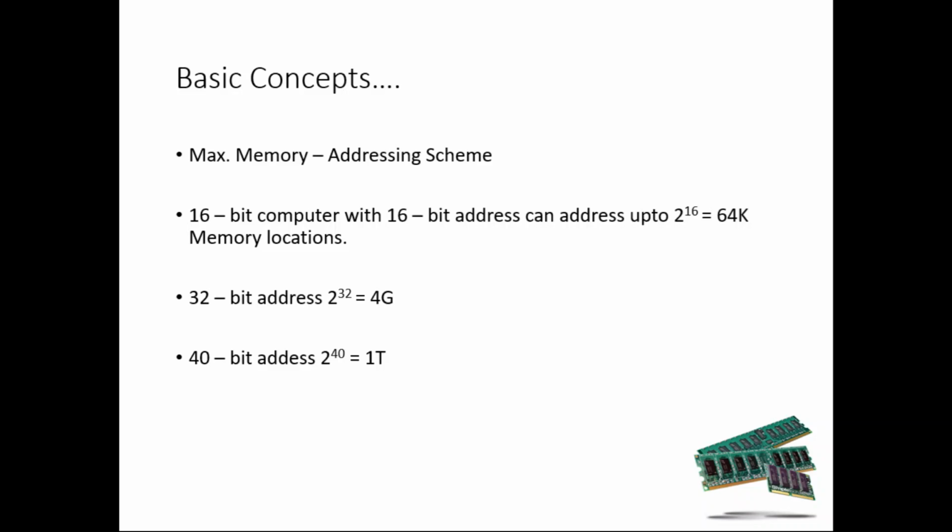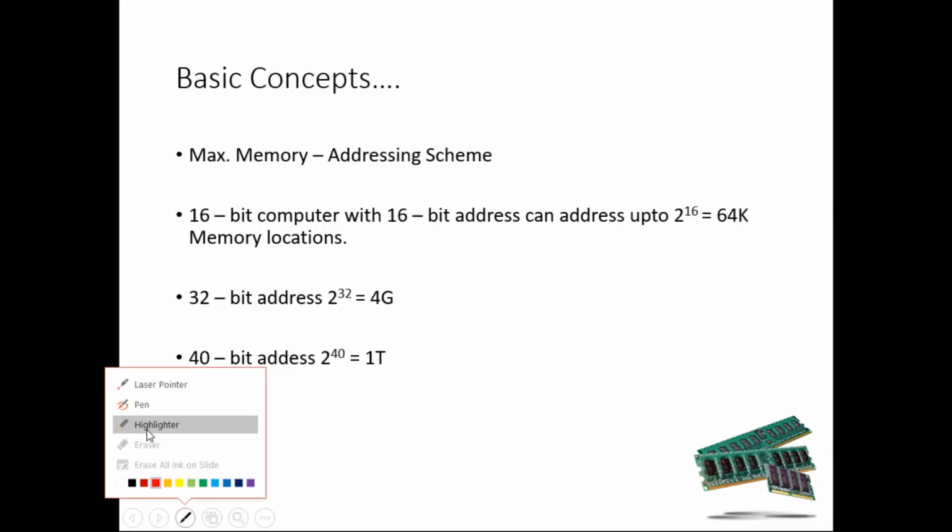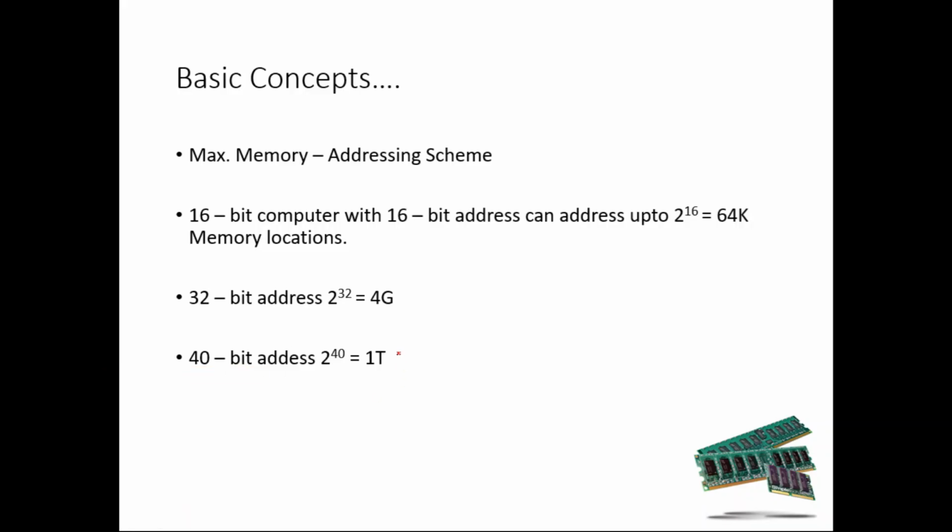Generally, memory is byte addressable. As it is byte addressable, we say it is 64 kilobytes, 4 gigabytes, or 1 terabyte. Here the byte is not mentioned because it is generic; the system may not be byte addressable, it may be 2-byte addressable or 4-byte addressable.